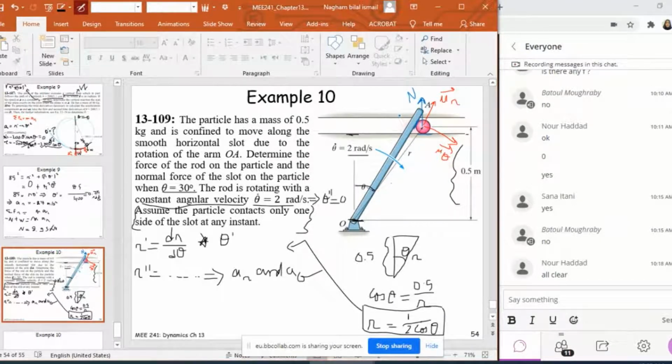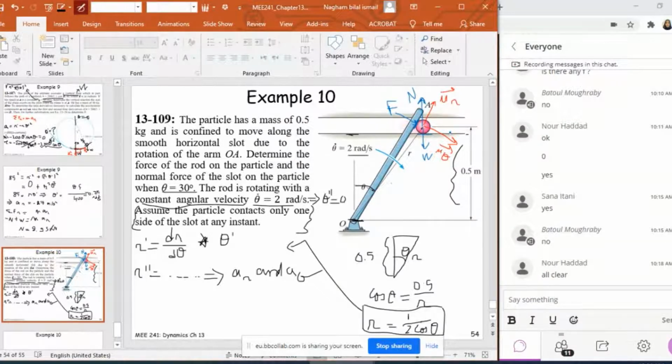Now, the common line is oblique, then the force exerted will be perpendicular to this common line, so this will be F. All right? And of course, I have the weight. So these are the forces exerted on this ball. All right? Now, I can apply the sum of F_r and the sum of F_theta.